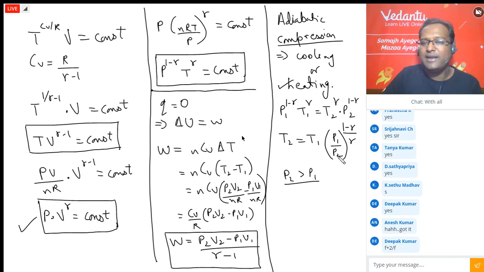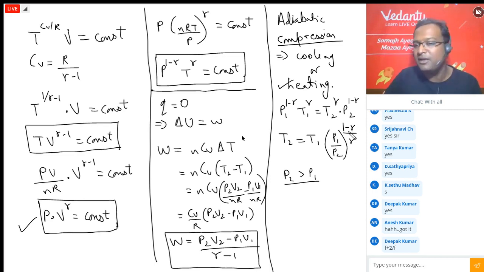P2 is greater than P1, so the bracketed term is a fraction. Gamma is greater than 1 because gamma is Cp by Cv, and Cp is Cv plus R. That means Cp is greater than Cv, so Cp by Cv is greater than 1. Otherwise, you were told to memorize gamma values in the last class: 5 by 3, 7 by 5.